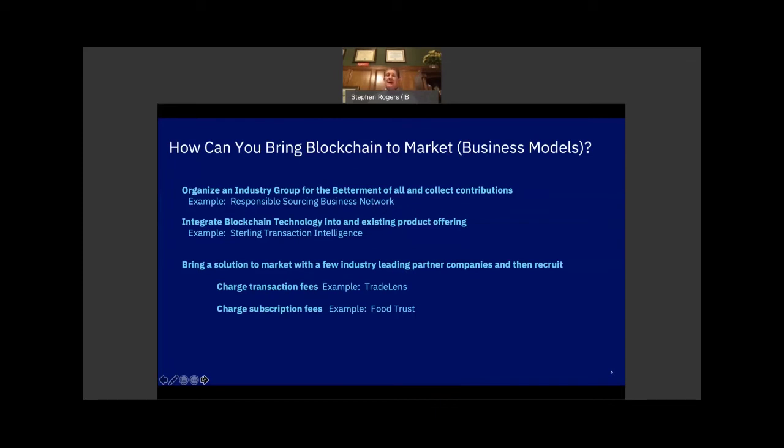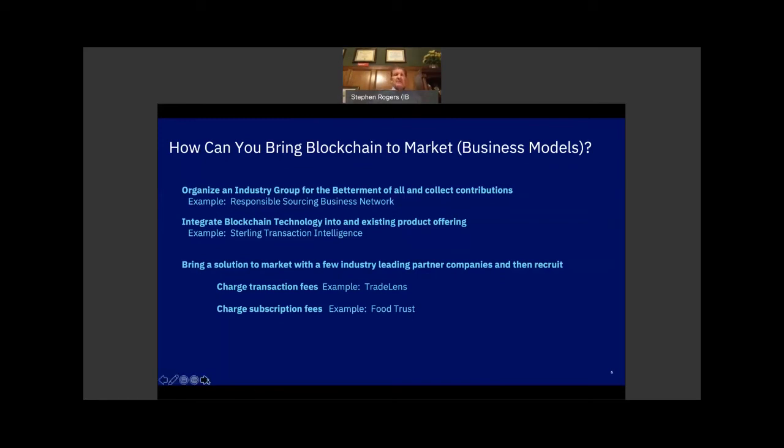That's really advantageous because then you don't have to build the network. It's already there. It's all the users of the product. And then lastly, if that doesn't satisfy your needs, you can bring a solution to market with a few other industry leading partner companies and then recruit others to join. And ways to fund that are charging transaction fees or charging subscription fees.